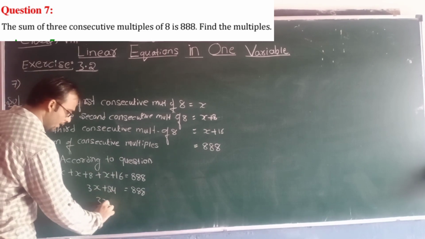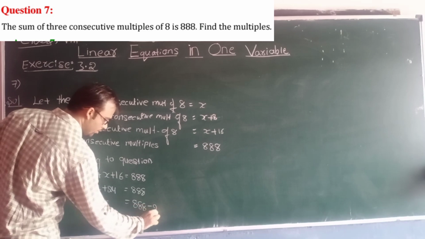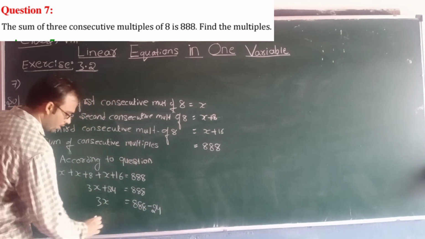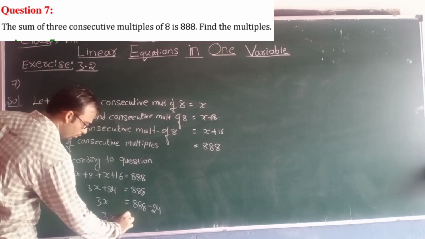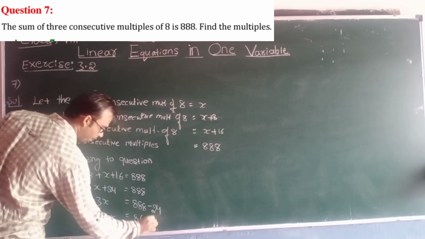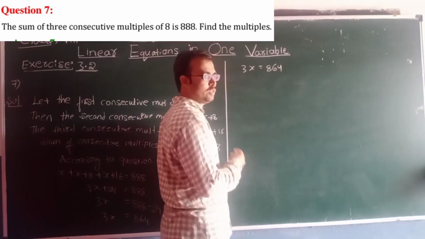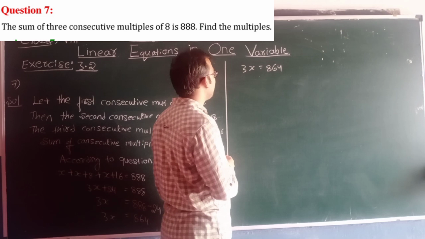So it will be 3x equals 888 minus 24. Then 3x equals what? 864. So we got, students, 3x equals 864.